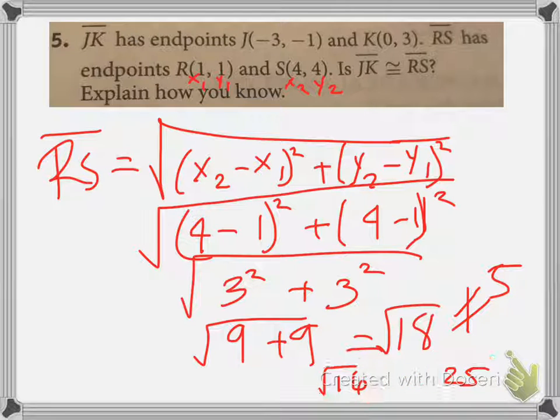You don't have to do all this, it's just for further understanding. All you have to know is that the square root of 18 is not equal to 5. Therefore, they're not the same distance.